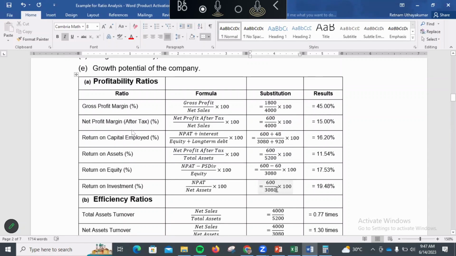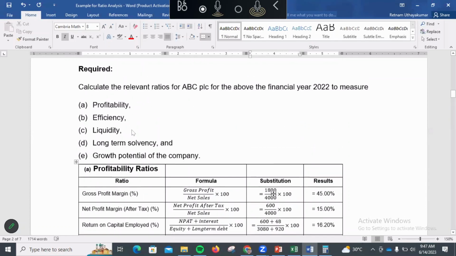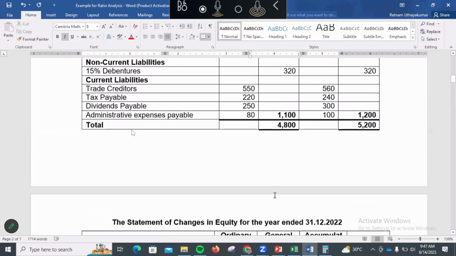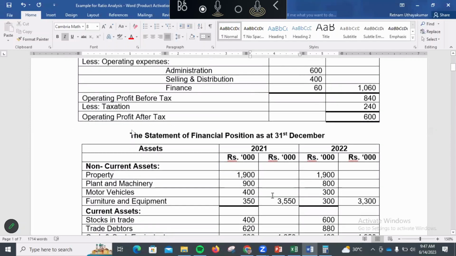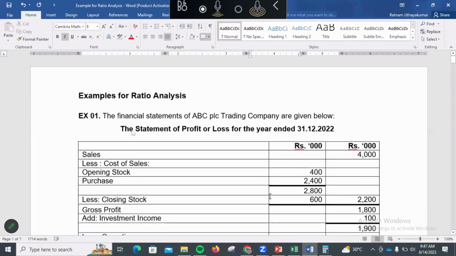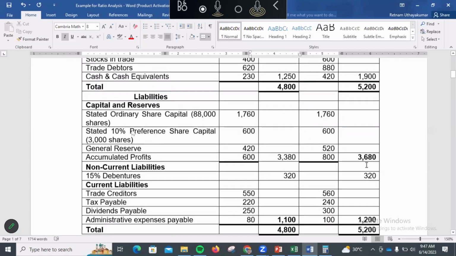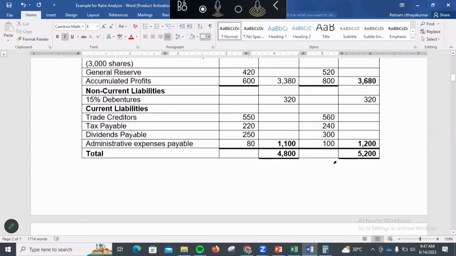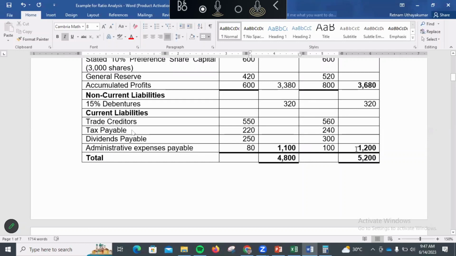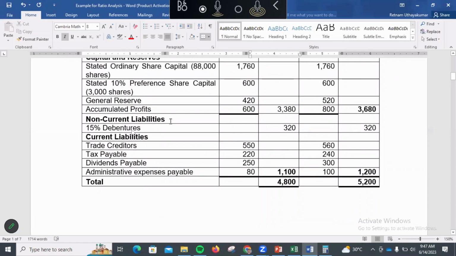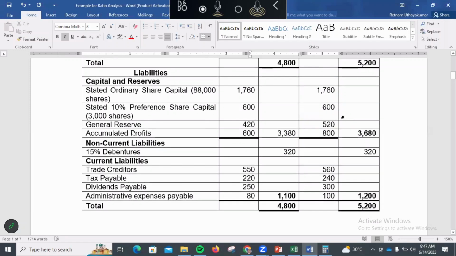So already you have used this 3080. Total assets minus total assets 5200, you want to deduct 1200 from it. So 4000 you obtain. Again, you want to deduct 320, that is debentures. Then you want to deduct 600 also.